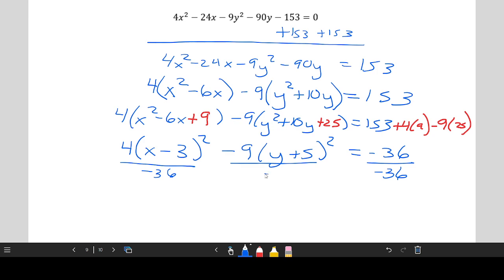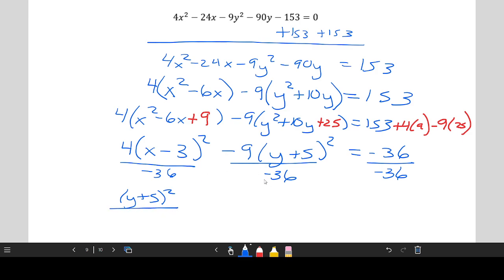Now over here, we're also dividing by negative 36, and so that's going to mean that the x part becomes negative, and the y part now is going to become positive because we have negative 9 over negative 36. So I'm going to write the positive term first just to be consistent with how we've been writing these equations.